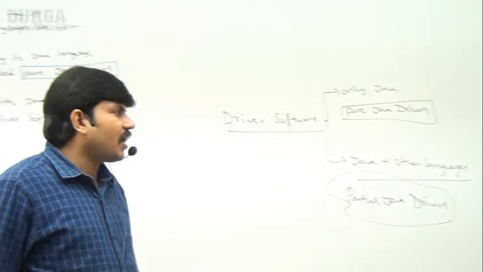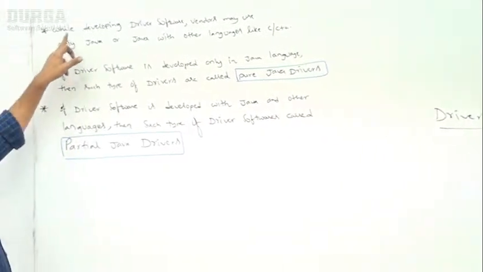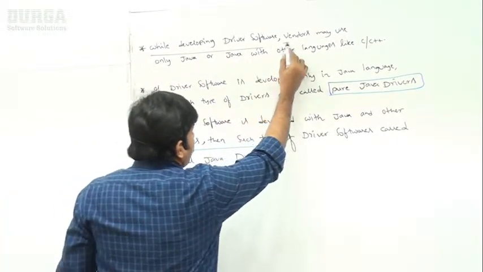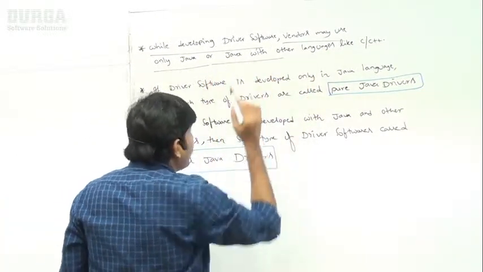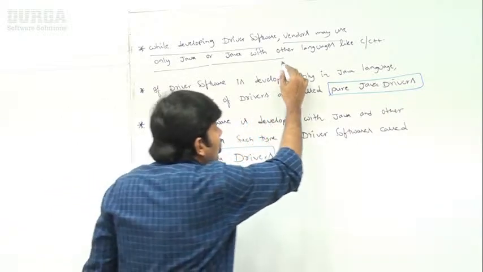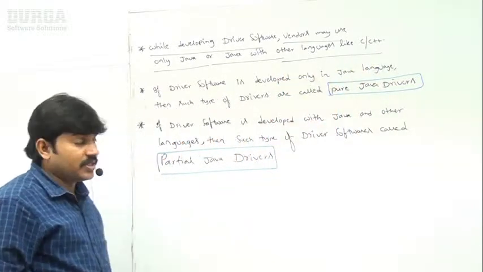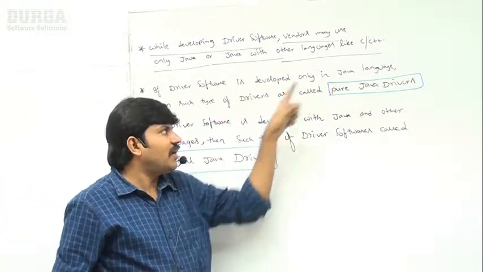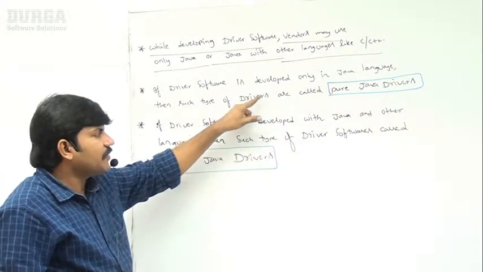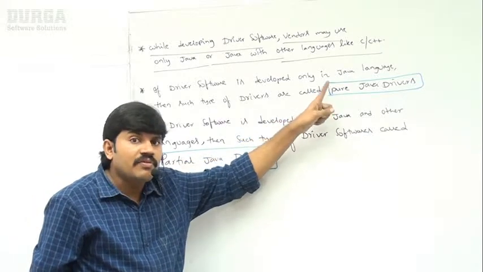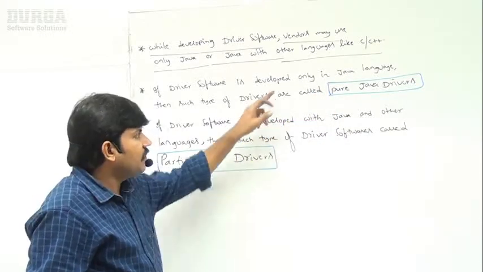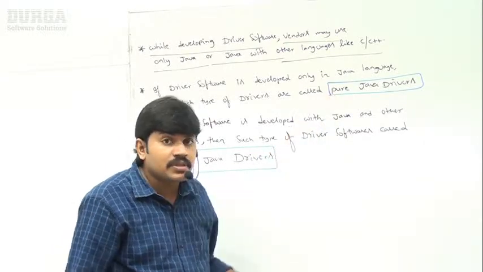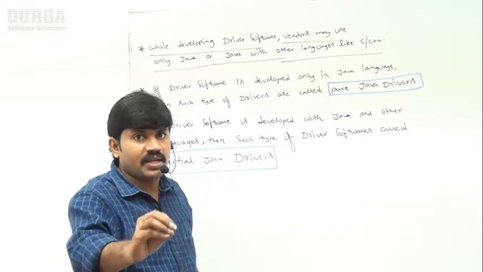Just have a look once. While developing driver software, vendors may use only Java or Java with other languages like C or C++, right? If driver software is developed only in Java language, completely in Java, such type of drivers are called pure Java drivers.